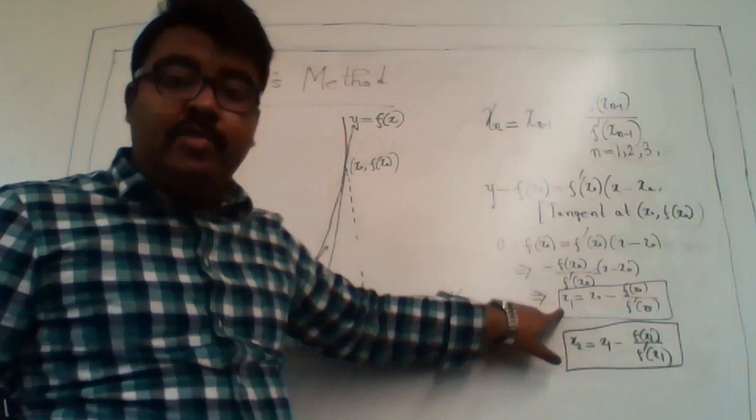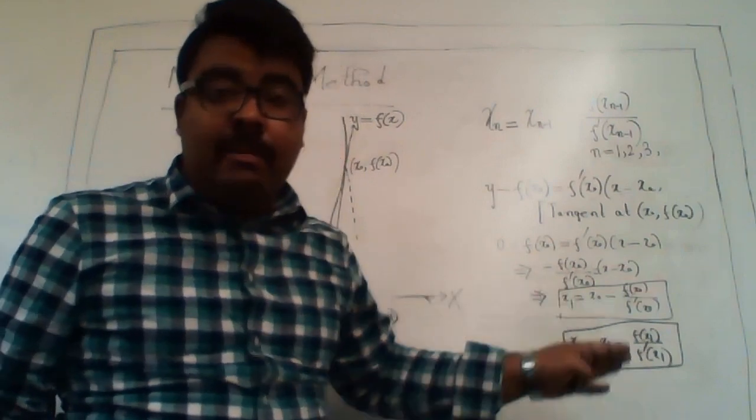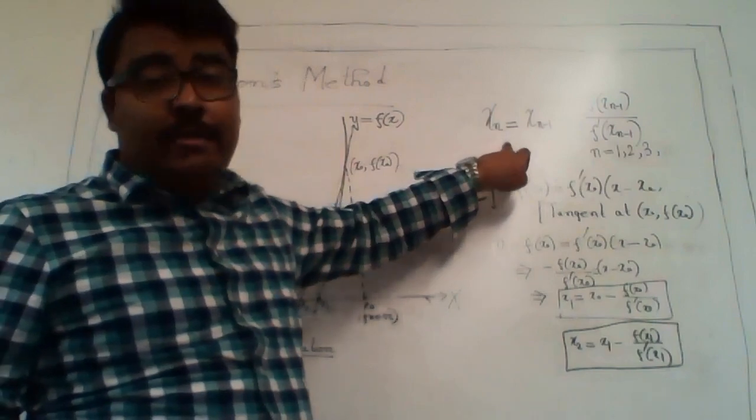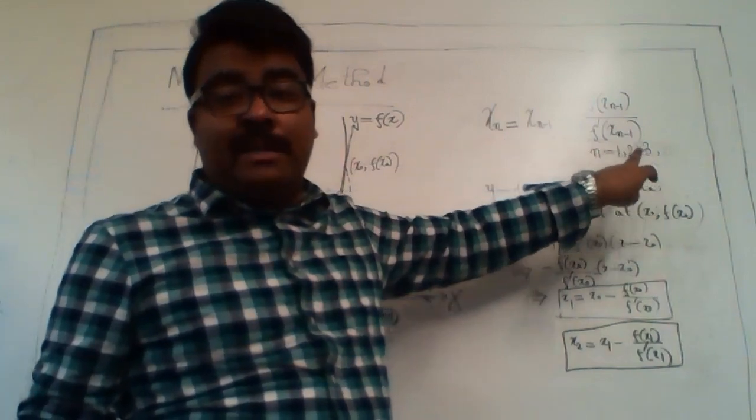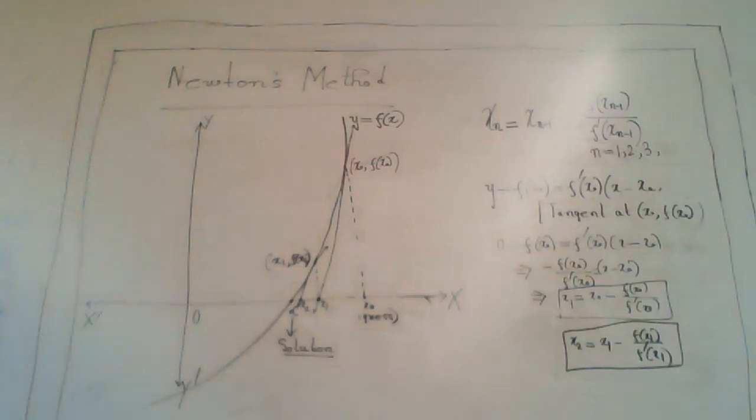Now once you know x1, again using this formula, you can find out x2, and then you continue. Put n equals to 3 here, you get the formula for x3, and so on and so forth. So let's take a few problems, and then it will become very clear to you.